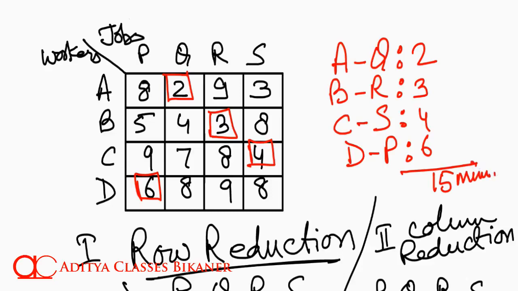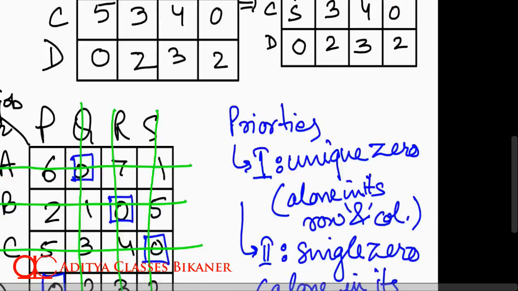These 15 minutes are the minimum possible time that these 4 workers will take in total to finish these 4 tasks. So this is our very basic, very easy, very simple, elementary assignment problem using the Hungarian method.